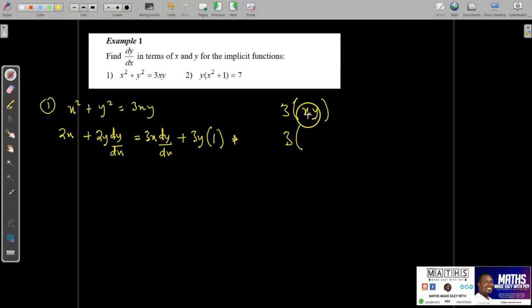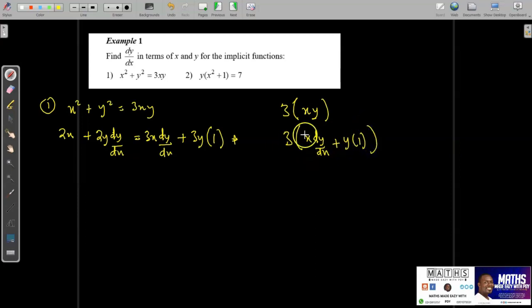If these are two functions as x and y, the first function is x, the second function is y. So using product rule to differentiate, you maintain x and differentiate y, which will give you dy dx. Then continue with the product rule, maintain the y and differentiate x, which will give you 1.